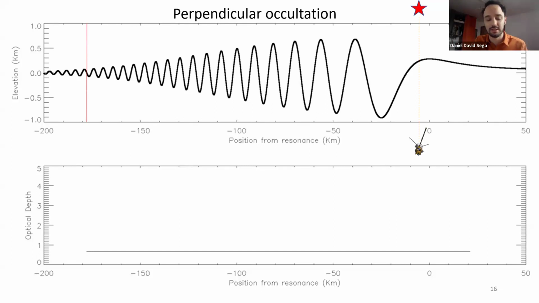The A ring and the rings in general are very thin. We are thinking about 10 meters thickness. So if I were in an auditorium, just from the floor to the ceiling would be the thickness of the rings. That doesn't change, right?